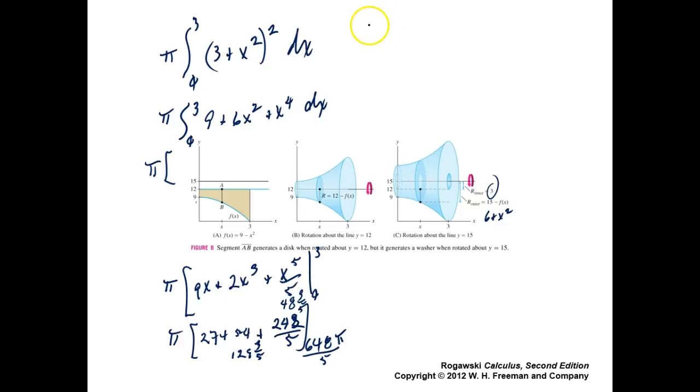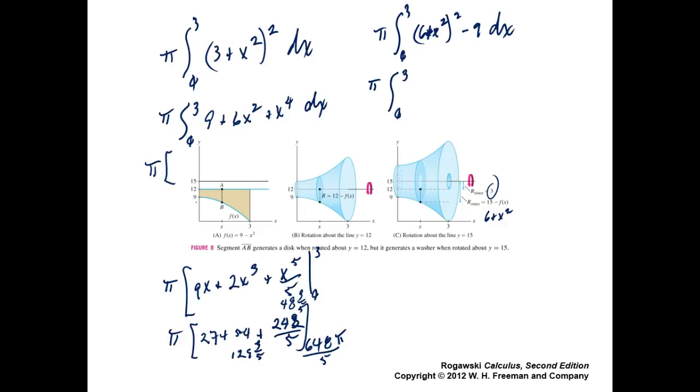Your volume calculations, pi, again, you're going from 0 to 3. Now your outer radius is 6 plus x squared, minus the inner radius is just 3 squared, which is 9 dx. So that's going to be pi integral from 0 to 3.